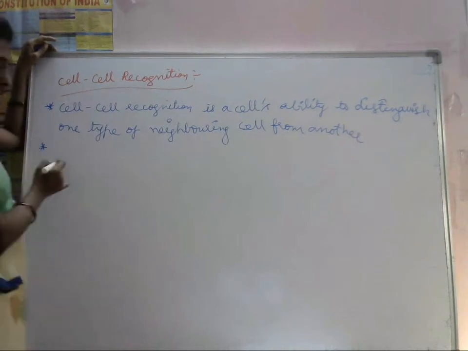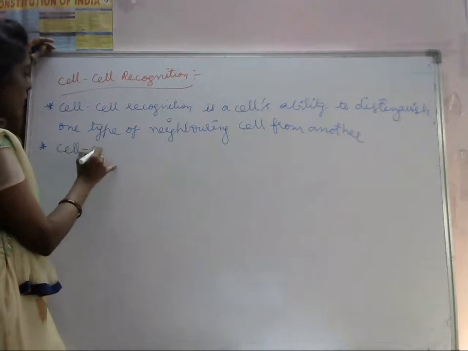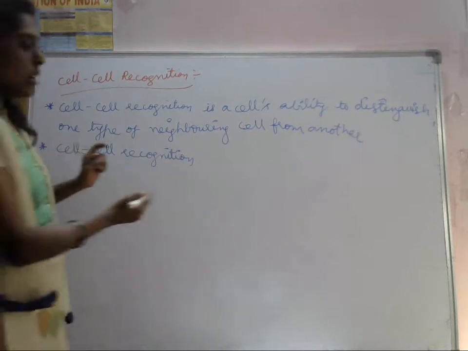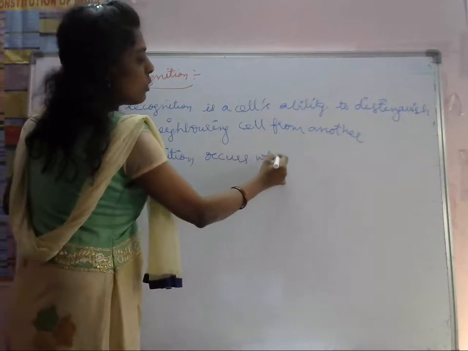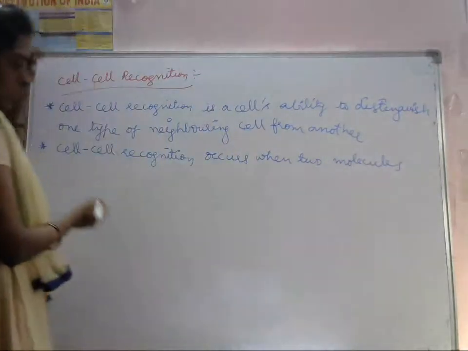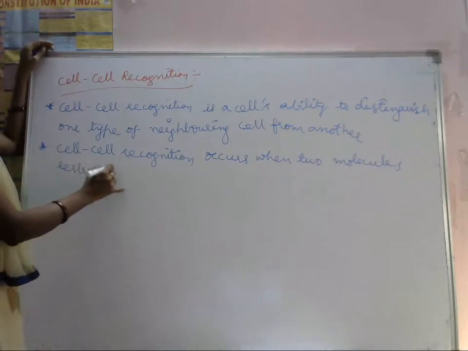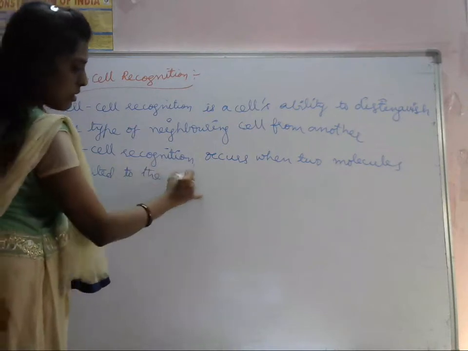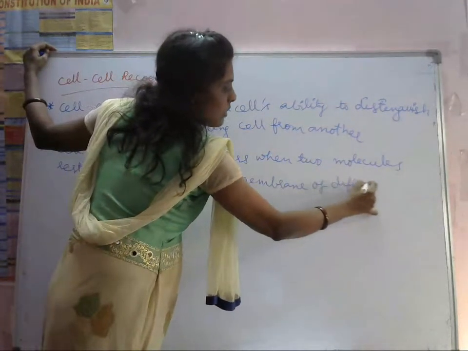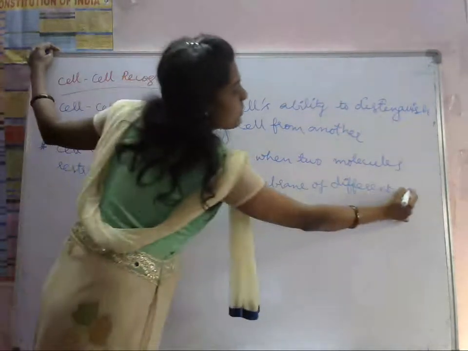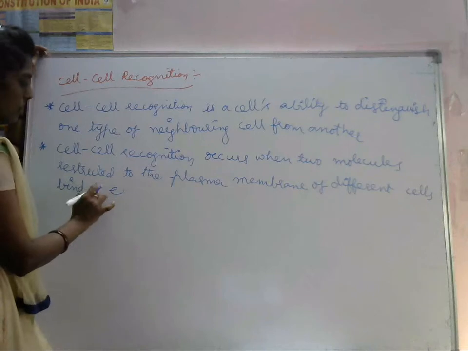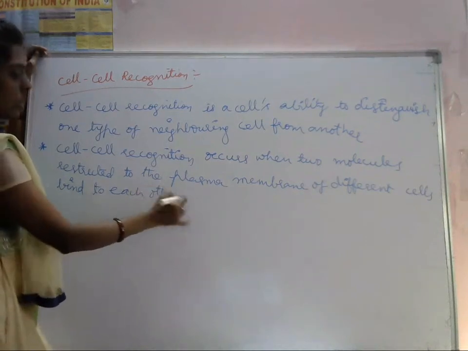Let's see which types there are. How does cell to cell recognition happen? It occurs when two molecules restricted to the plasma membrane of different cells bind to each other, triggering a response.